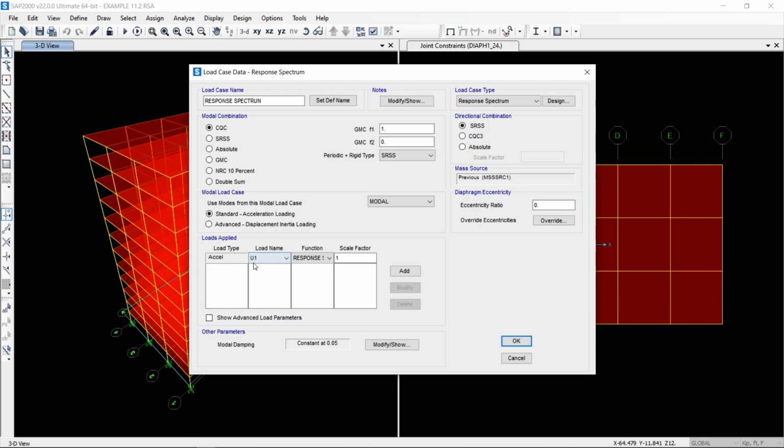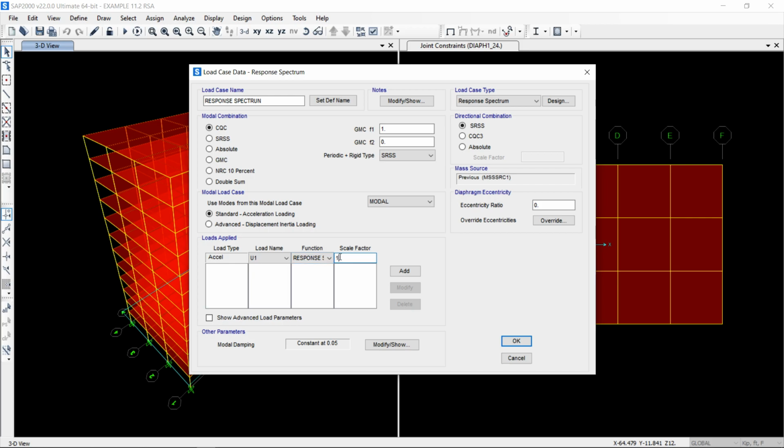Here the load type is acceleration, U1, function is response spectrum, scale factor, this is very tricky. What is this scale factor? The response spectrum which we have defined, we used acceleration in terms of acceleration due to gravity g. The ratio was 0.424 g or 0.094 g. That means it was a ratio.